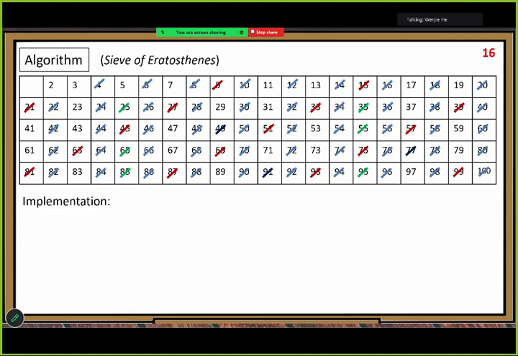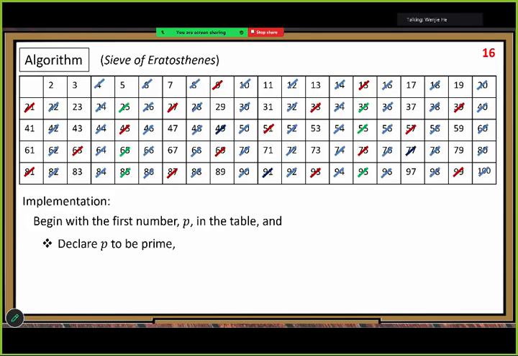All right. We begin with the first number P in the table. P starts with 2. That's P, in the table. And we need to do the eliminations. The first round of elimination: declare P to be prime.